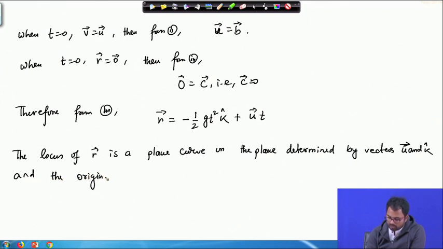So, the origin and the vectors u and k will determine the locus of R. This is the required equation of the particle P moving along the curve, and basically this is the equation of the curve along which the particle is moving.